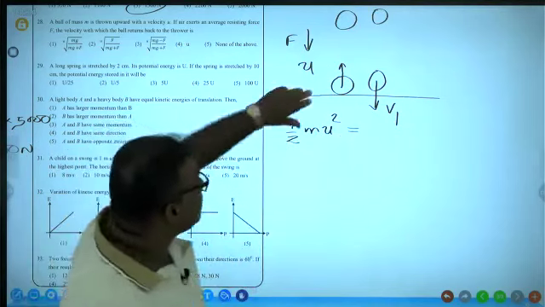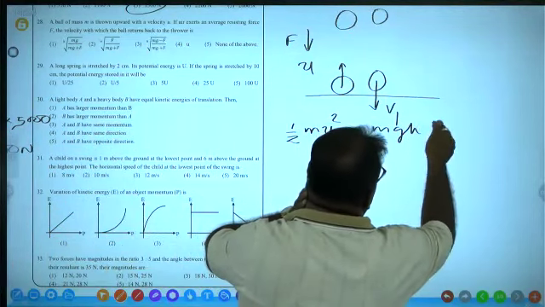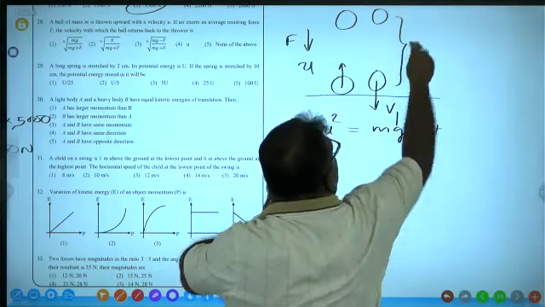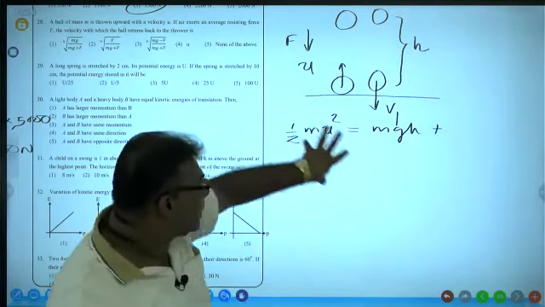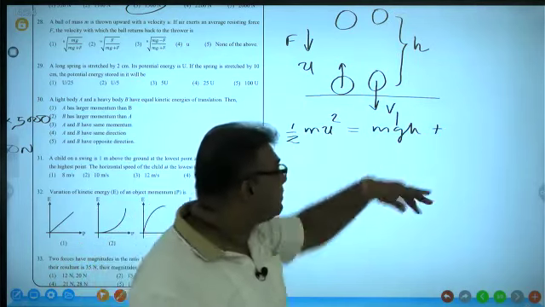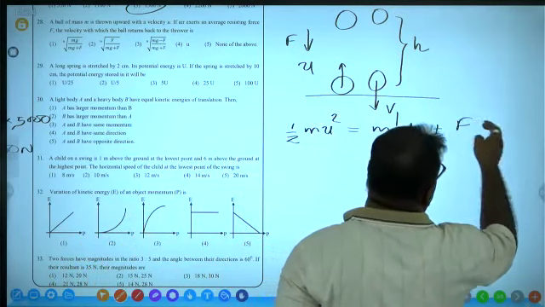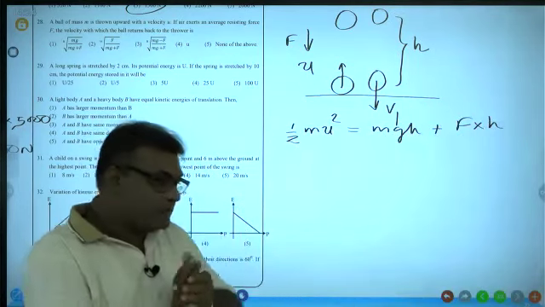That kinetic energy will be converted to potential energy, with height h, plus part of this converted to this one. The rest of the part will be used to do work against the air resistance.